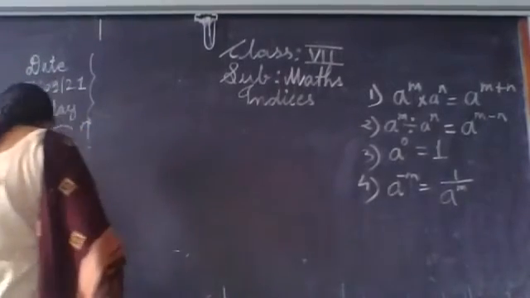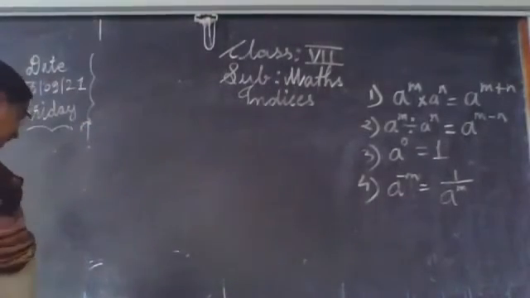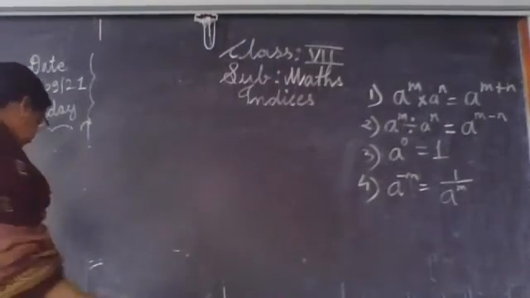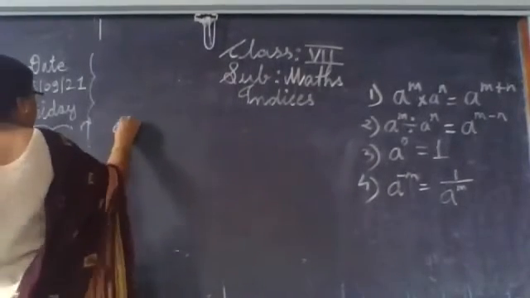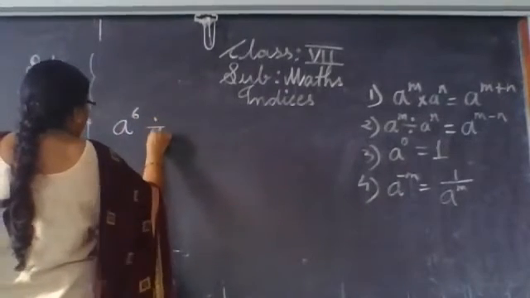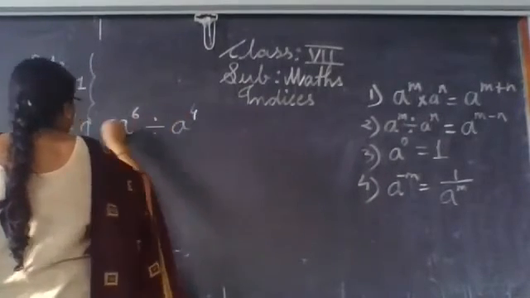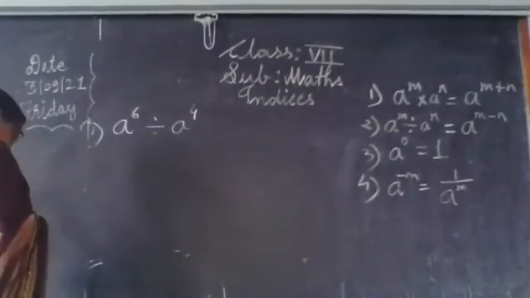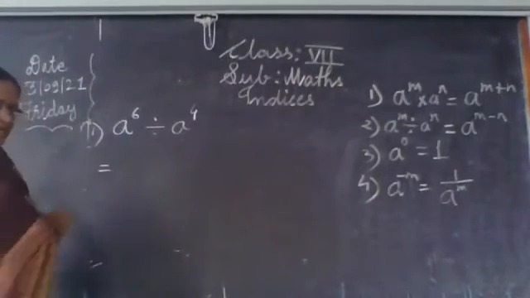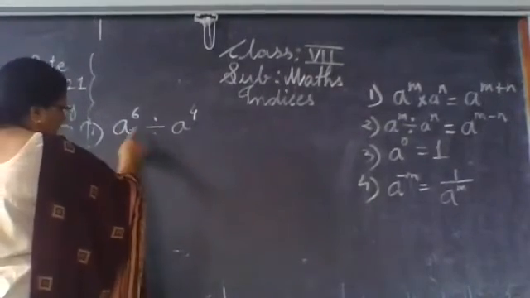Okay, let's see. So these questions are from your book. A raised to the power 6 divided by a raised to the power 4. So what is the answer of this? Division is given and bases are same.